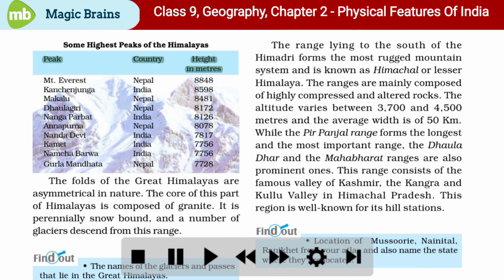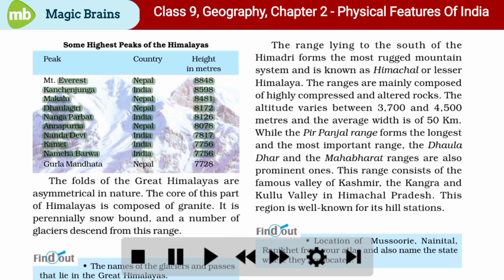Given here is a table which shows some highest peaks of the Himalayas. Mount Everest is in Nepal and its height is 8,848 meters. Kanchenjunga in India with the altitude of 8,598 meters.